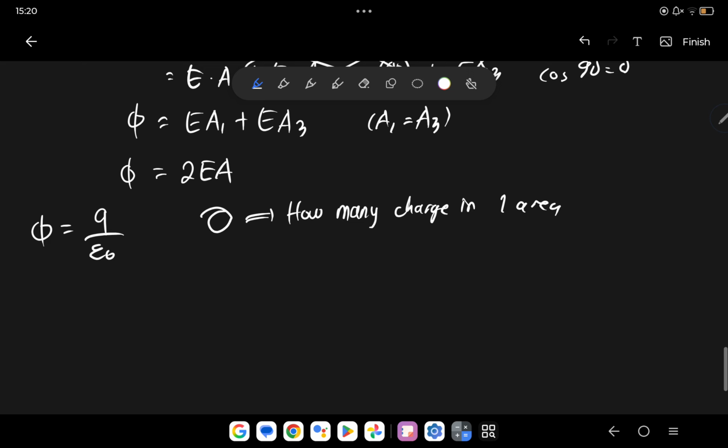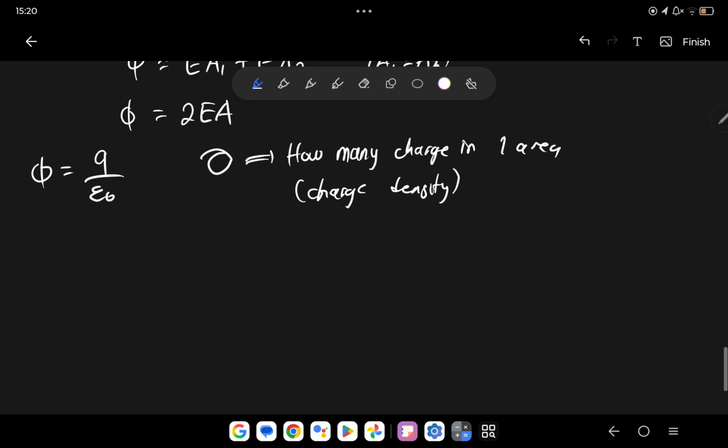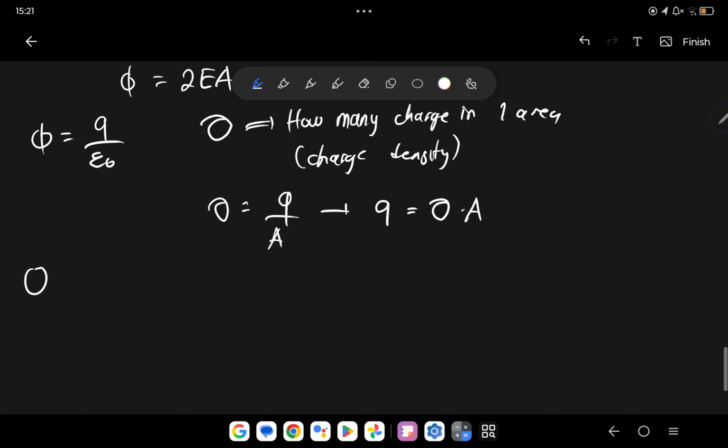This is the charge density, and it's defined as the amount of charge divided by the area. So we get that Q, the charge, is equal to sigma multiplied by A. And we know that phi is equal to that charge divided by epsilon naught. So it's going to equal sigma A over epsilon naught.